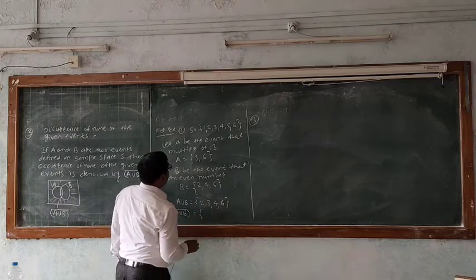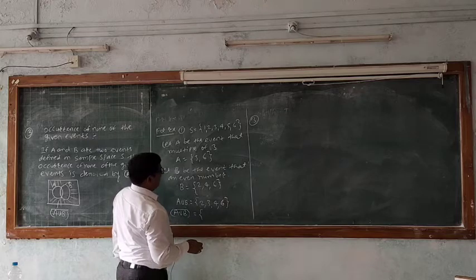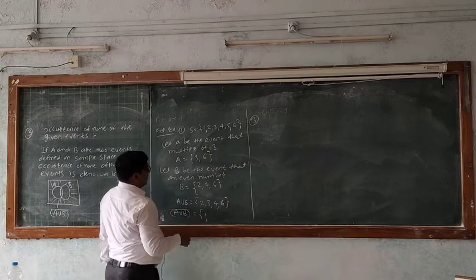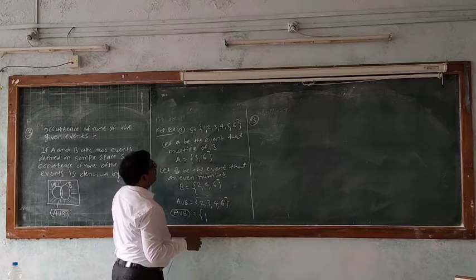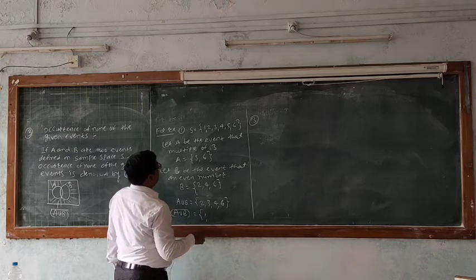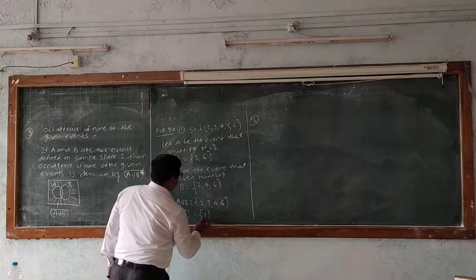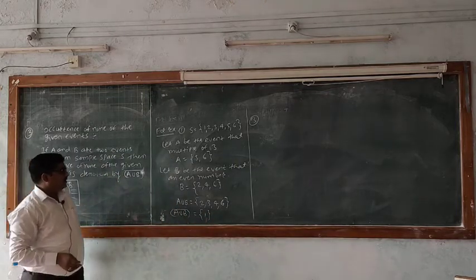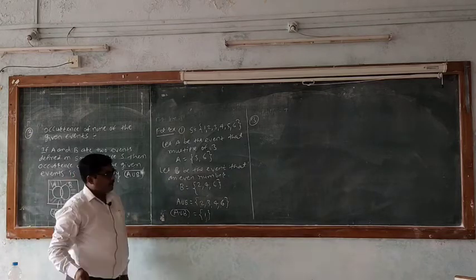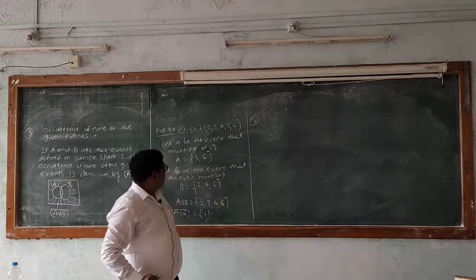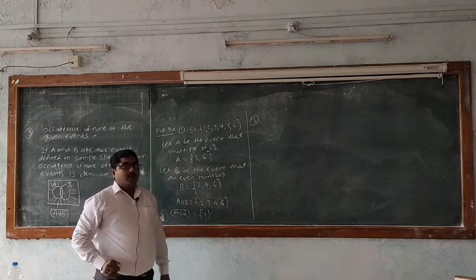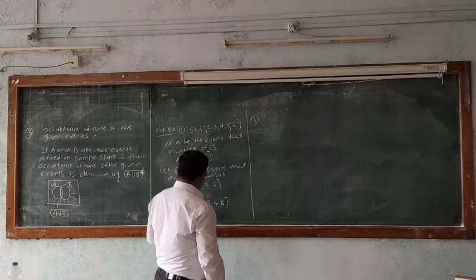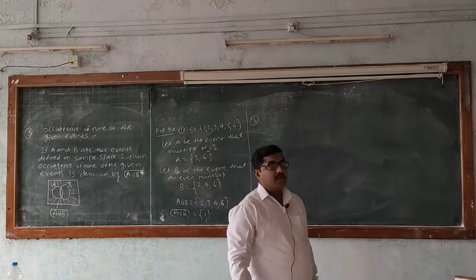What are they? 1, right? Other than 2, 3, 4, 6, A union B bar is 1. This is your occurrence of none of the given events, right?